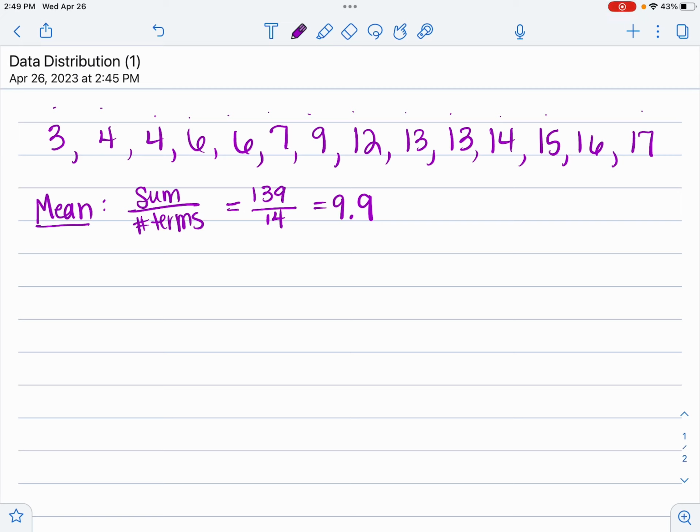Okay, so the next thing I need to do is find something called the standard deviation. All right, now this one is the process, okay? So the standard deviation is a number that describes how spread out my numbers are.